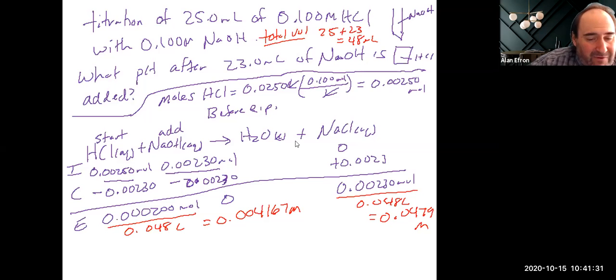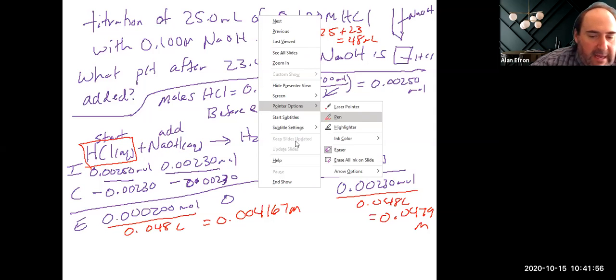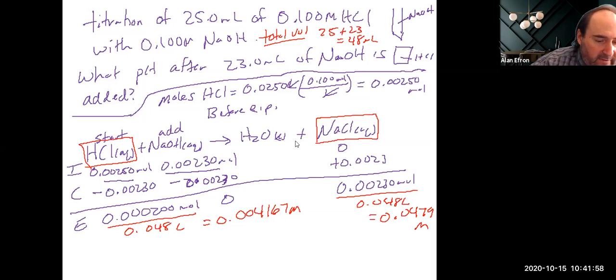Now, again, if you're not sure what's going on at this point, you can look at your ICE table here, and we see we have sodium chloride left over, and we have sodium hydroxide left over. I'm sorry, not sodium hydroxide, wrong one. HCl left over. Helps if you box the right thing, I suppose. Try that again. There you go. So we have HCl left over, and we have sodium chloride left over.